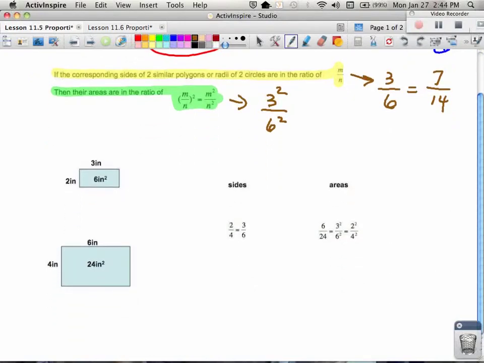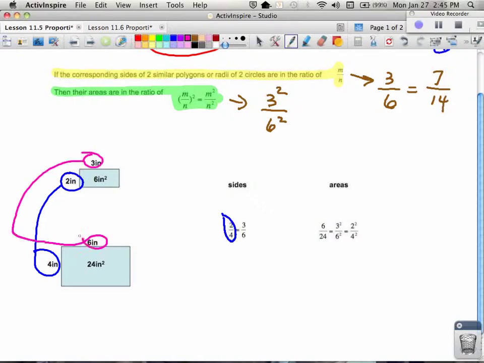So if I look at the top rectangle, which is a 2 by 3 rectangle, and the bottom rectangle, which is a 4 by 6 rectangle, what I notice is that if I compare the side lengths, like for example, the 2 and the 4, that's the same comparison as the 3 and the 6, right?